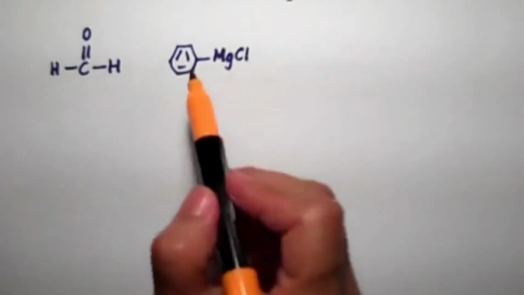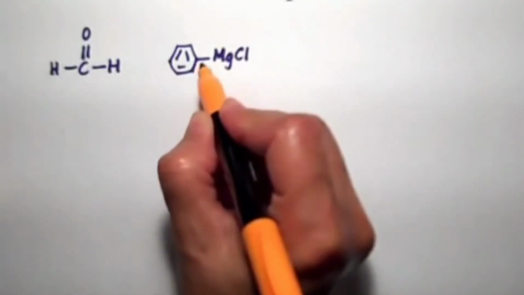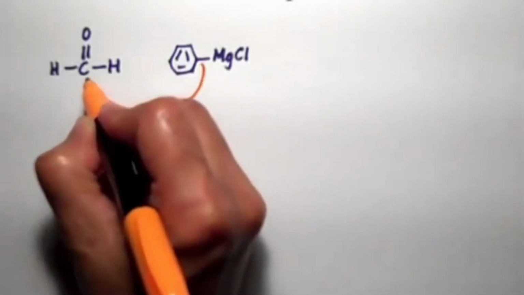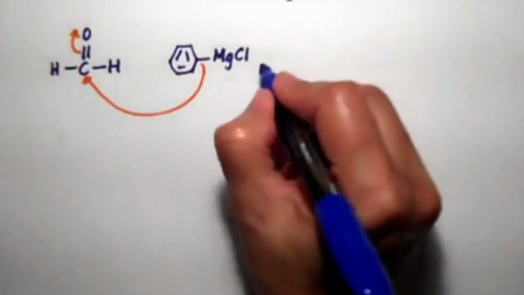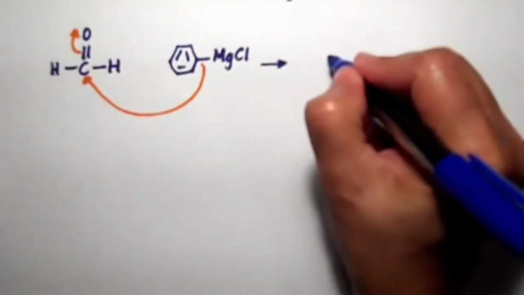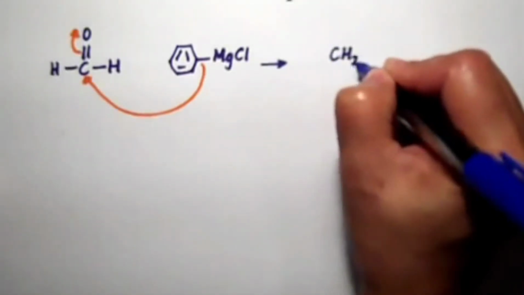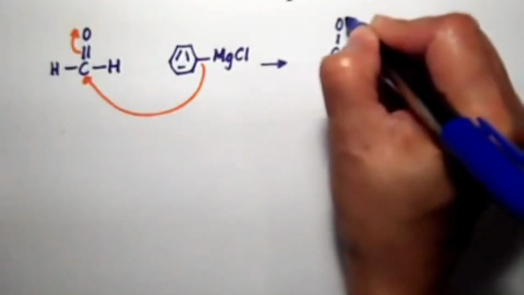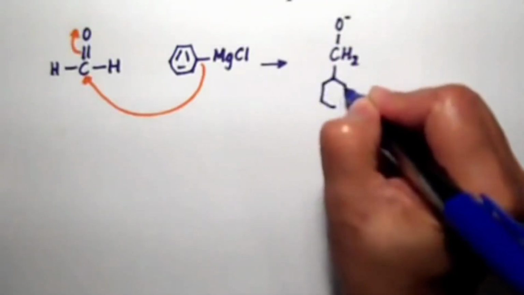And again, the carbon that's attached to the magnesium, this is a nucleophilic carbon. So it's going to attack the carbonyl, form a tetrahedral intermediate. And in the tetrahedral intermediate, I have two hydrogens attached to the carbon, and I just attached a benzene ring to it.